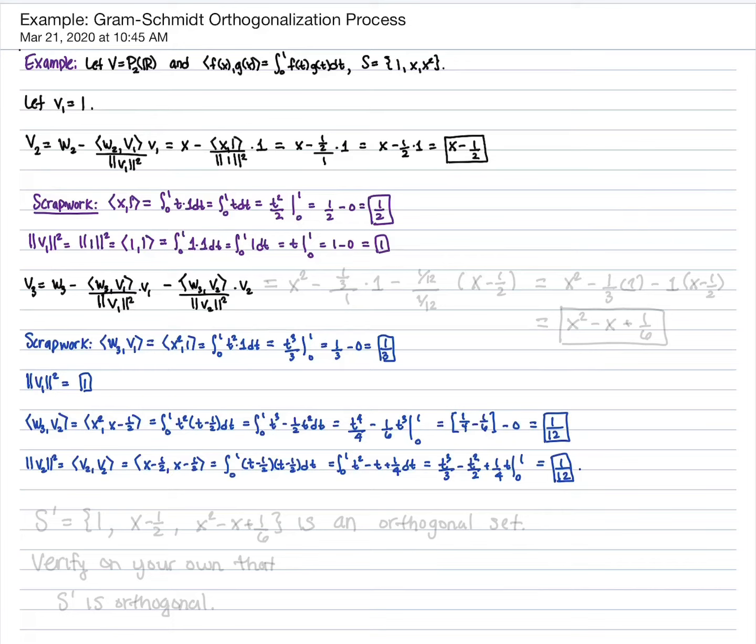So now we have all of the coefficients we need to compute V3. So actually, let's go back up to where we had our formula for V3.